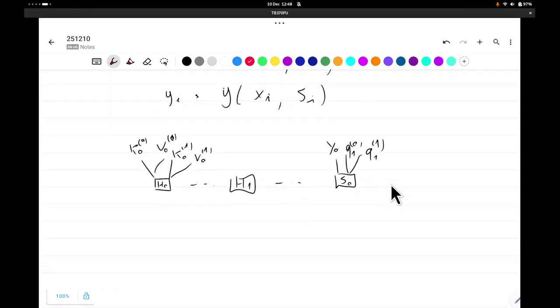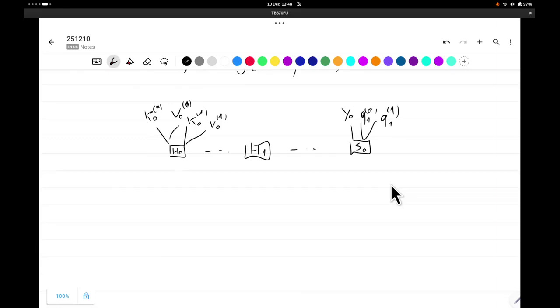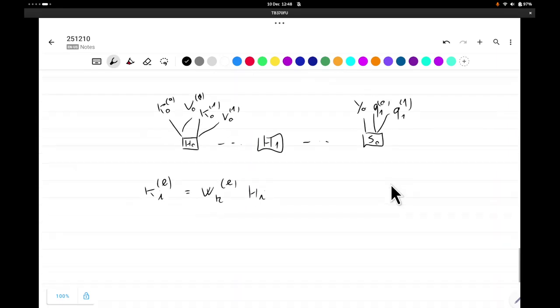Now I have all this, and then now I just have an extra index. So I have that key depends. So it's very similar with the previous step, but we just allow to have more of this key, value, query triplets for each time step.